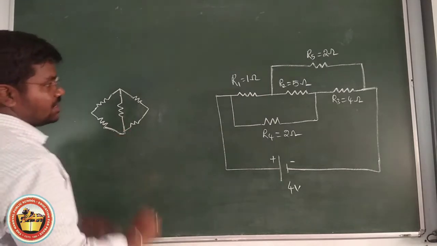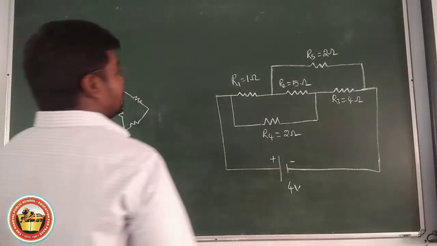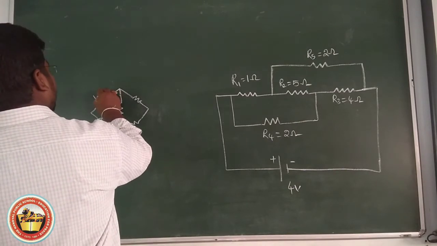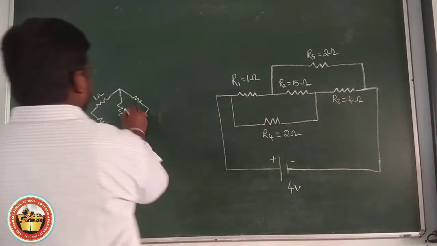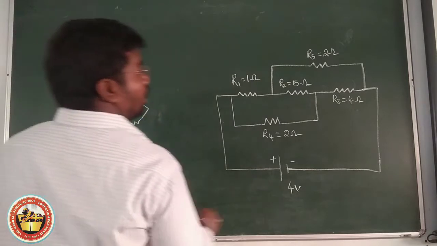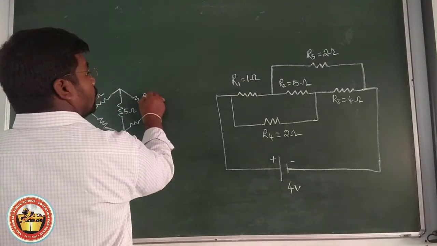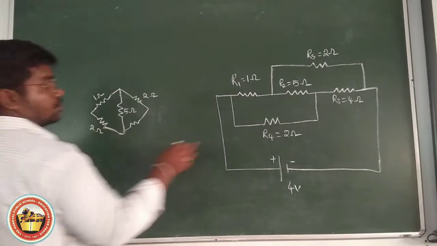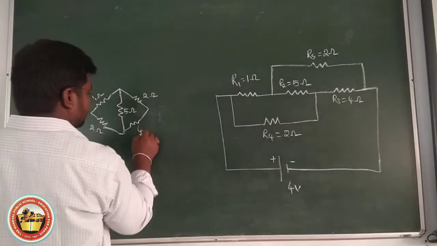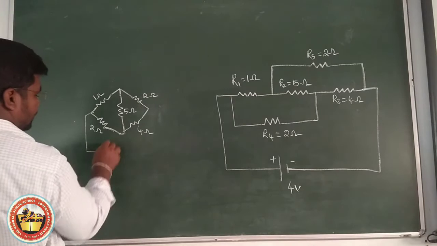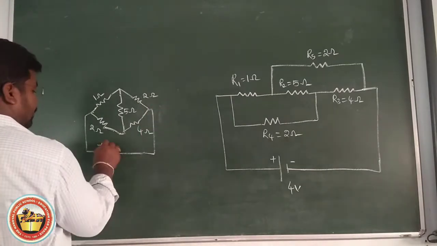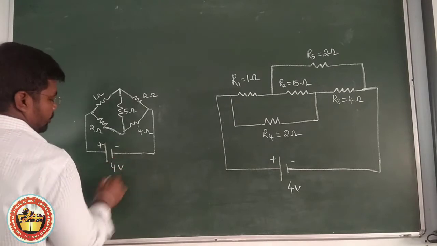We can arrange it like this: here 1 ohm, 1 ohm, here 5 ohms, then 2 ohms, the remaining 2 ohms, the remaining 4 ohms, and the battery is 4 volts.